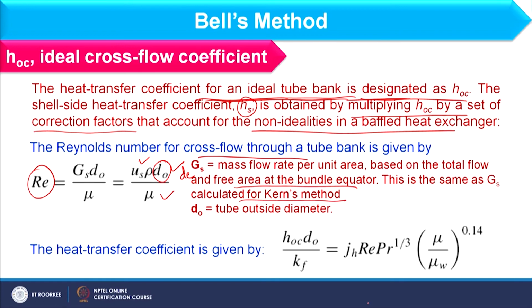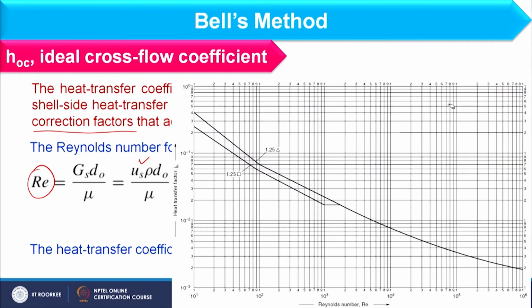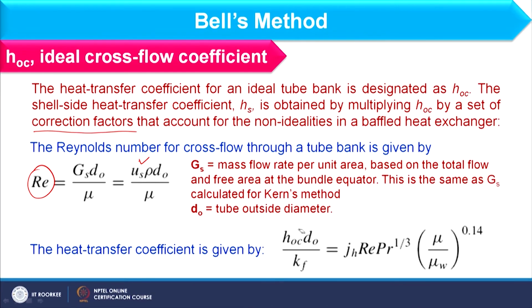So, considering Reynolds number, we can find out heat transfer coefficient in shell side, and that we consider as HOC. This is the expression where JH factor you can find from this graph according to the Reynolds number, and then you can find out HOC from here.